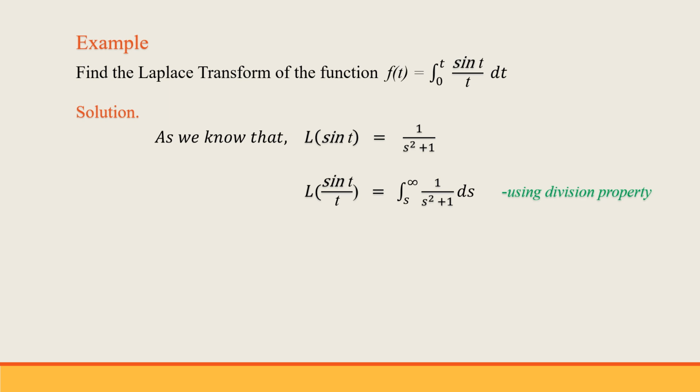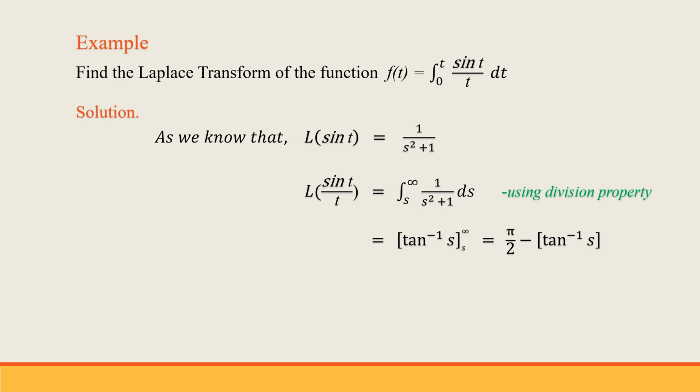And on solving the integration and putting the limits, we get Laplace transform of sine t by t as pi by 2 minus tan inverse s. All this we have done earlier in the division property of Laplace transform.